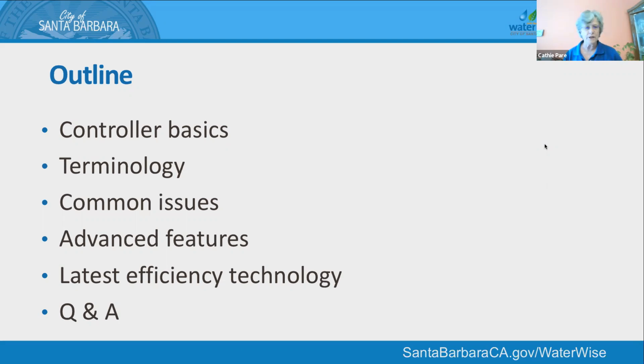Talk about a few of the common issues and then how we can remediate those. A few of the advanced features, which are super to understand and to know they even exist on your controller. And then some of the latest efficiency technology that you can take advantage of. You can retrofit your existing controller or look into using web resources or even purchasing a new controller. And then we'll cover some questions and answers.